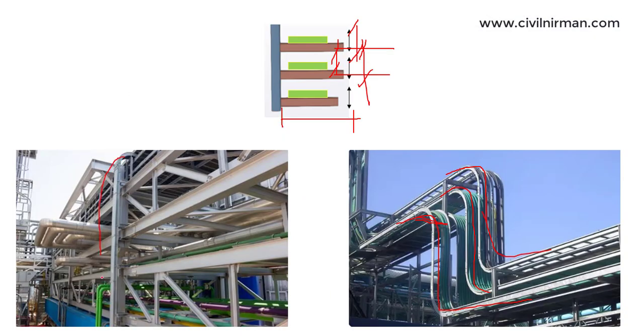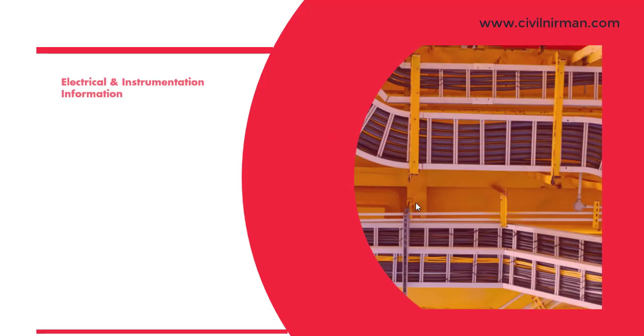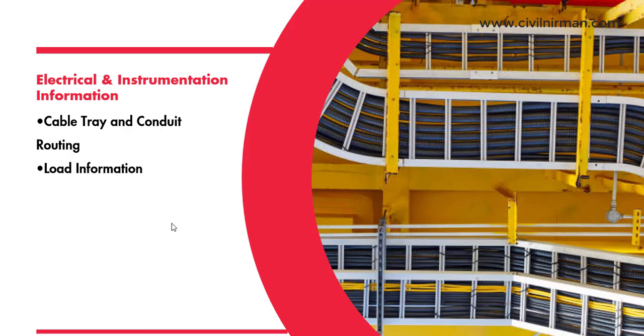right? So this is the information: clearance requirement, clearance between the electrical and instrument cable trays and piping to avoid interference or hazards. Then earthing and bonding, means requirement for earthing, grounding and bonding of electrical systems on the pipe rack. Then instrumentation and control valves. See, let me switch to the main modeling part over here. Instrumentation and control valves.